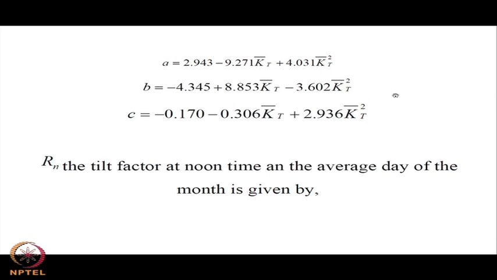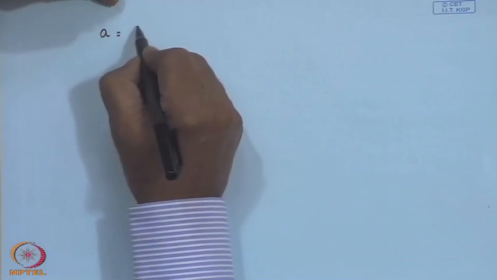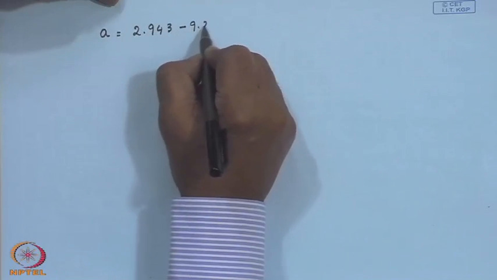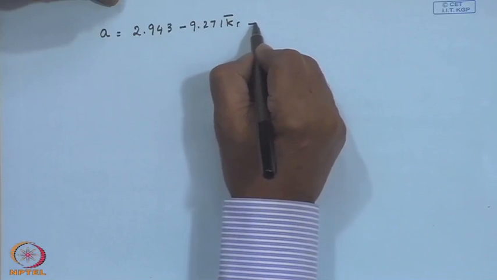So, the constants A, B and C, very correctly, are a function of clearness index.